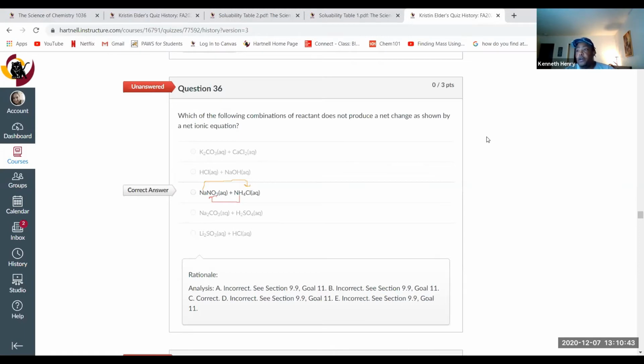Mm-hmm. Okay. So these guys are going to be breaking up into their ionic components. On the other side, if these guys react, they're also going to be breaking up into their ionic components. You're going to have sodium chloride, AQ. Is that correct? Mm-hmm.